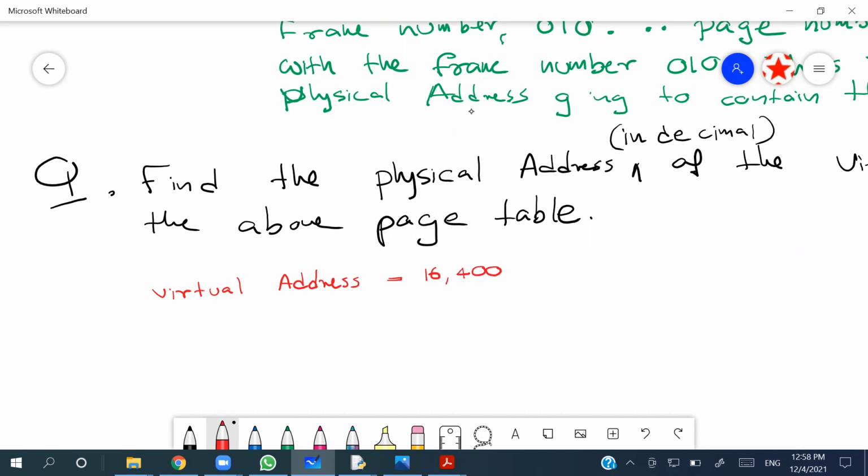Right? So what I'm going to do is extract this 16,400 to recognize the page number part, right? So when I'm extracting 16,400, it's going to be 1, and how many zeros? 9 zeros. And another 1 and 3 zeros.